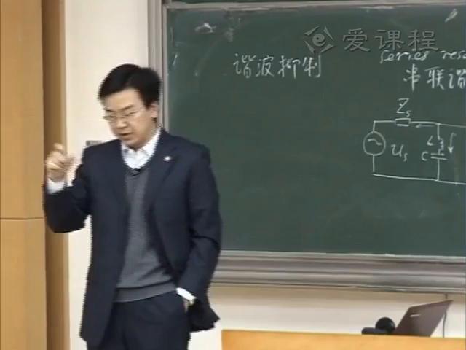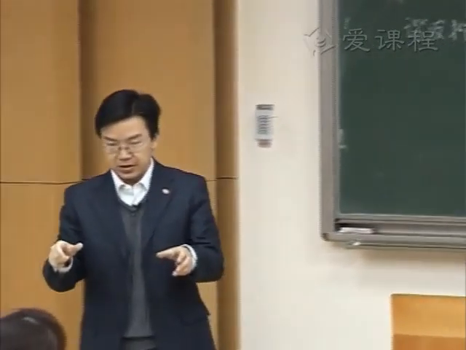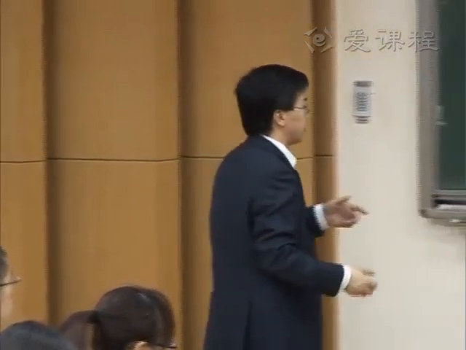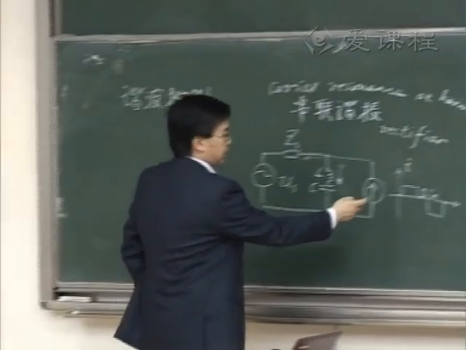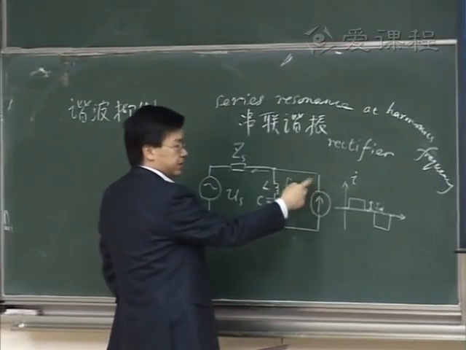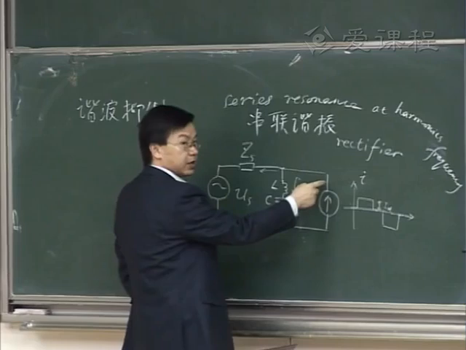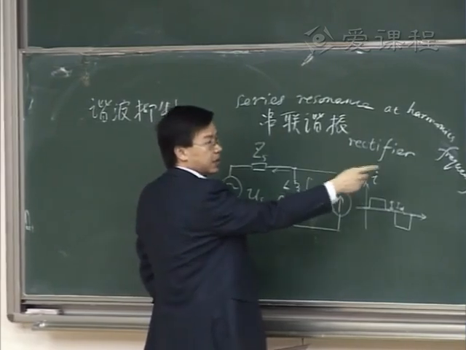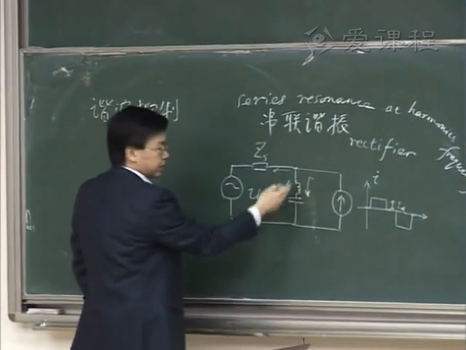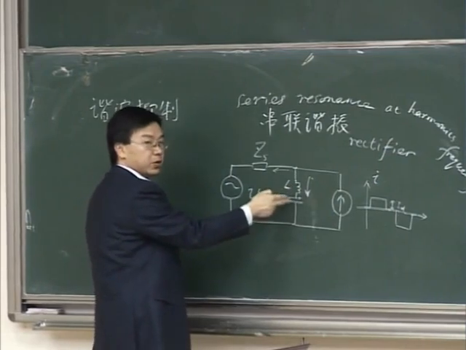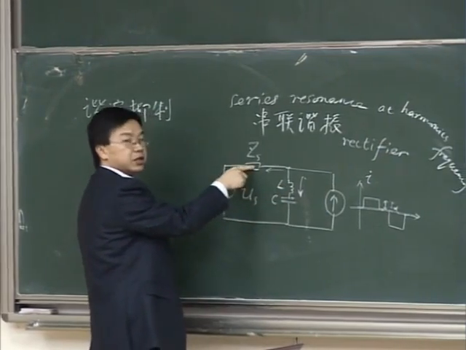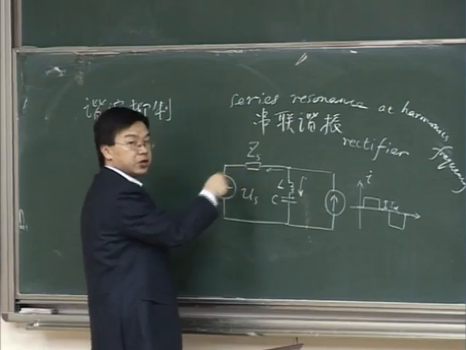If you still remember, when the inductor and the capacitor are in series resonance, then the total impedance will be very small, nearly zero. That's the ideal case. And therefore, for the current generated by the load, by this rectifier, at harmonic frequency, this branch impedance will be very low, much lower than the impedance of the utility source.